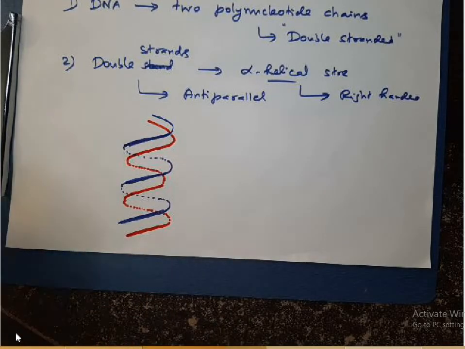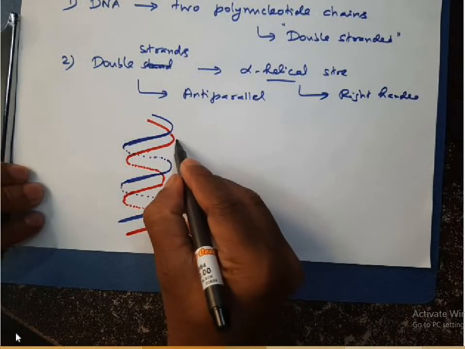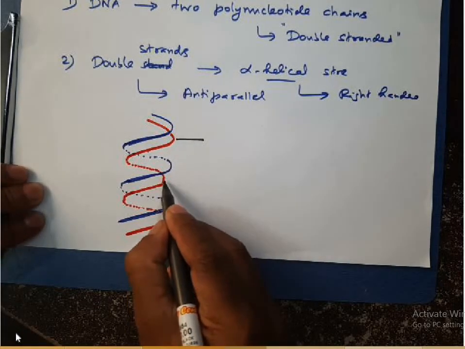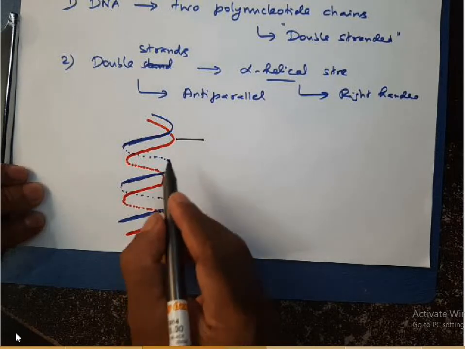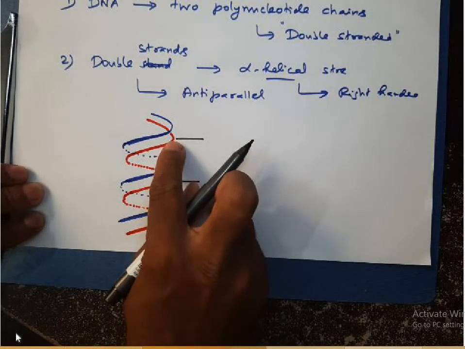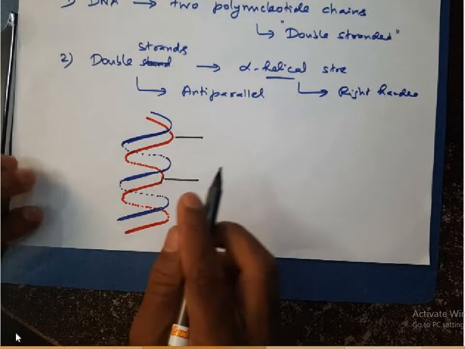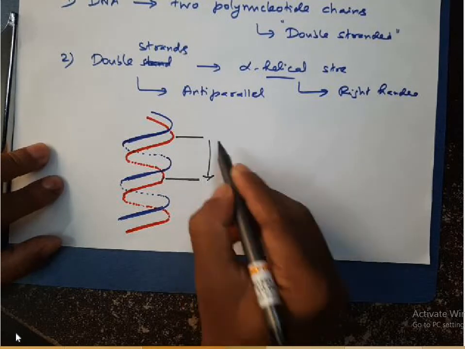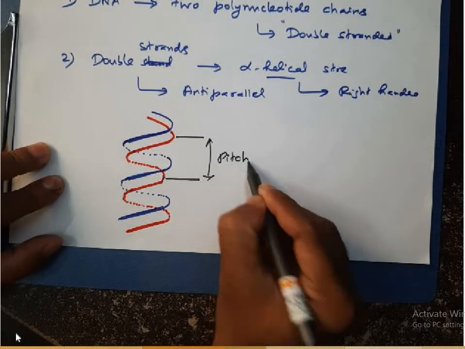Students, observe this, very important. This point and this point. This is called one turn. I am taking adjacent similar points here. One turn is called the pitch. What is the pitch length?